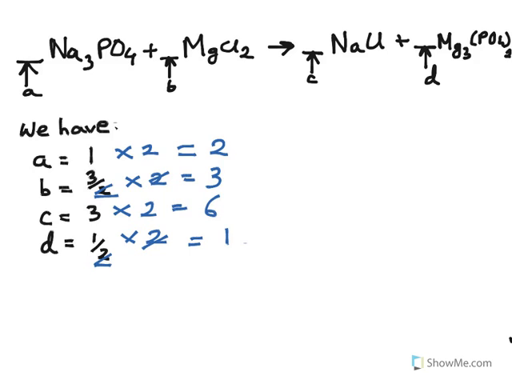So for our equation, we will have 2 Na3PO4 reacting with 3 MgCl2 to give 6 NaCl and 1 Mg3(PO4)2. We can double check our equation, but this is the right answer. And our equation here is balanced.